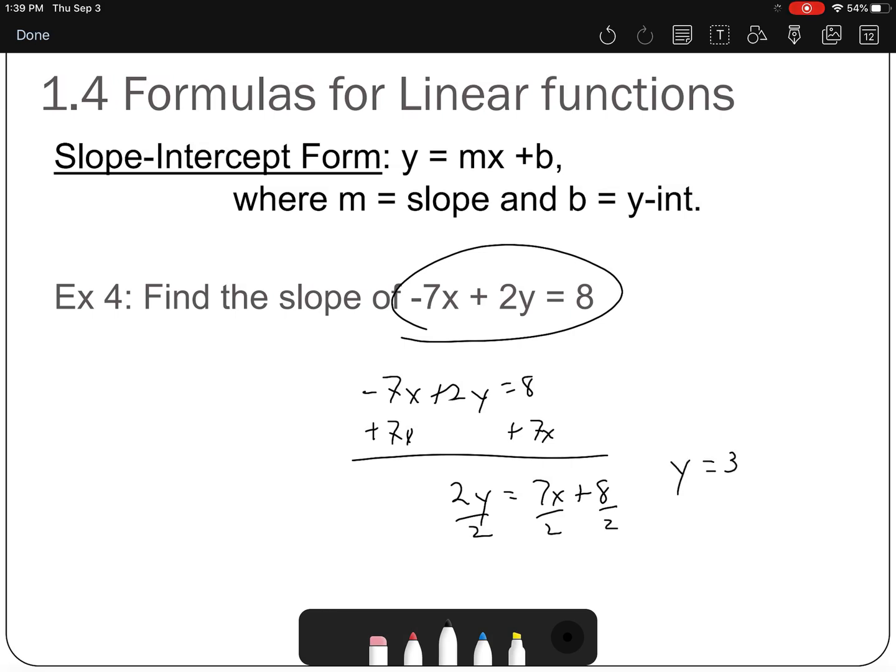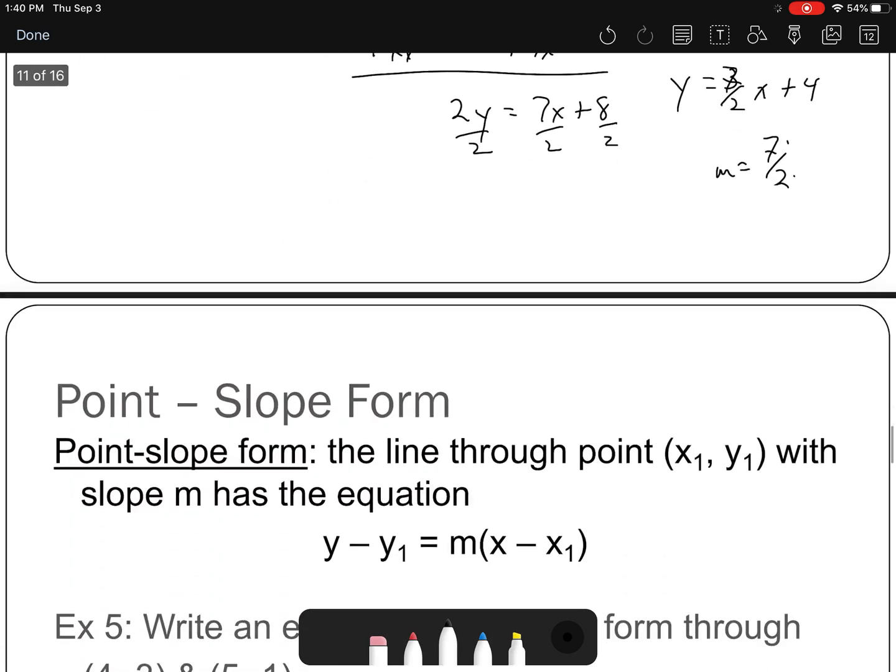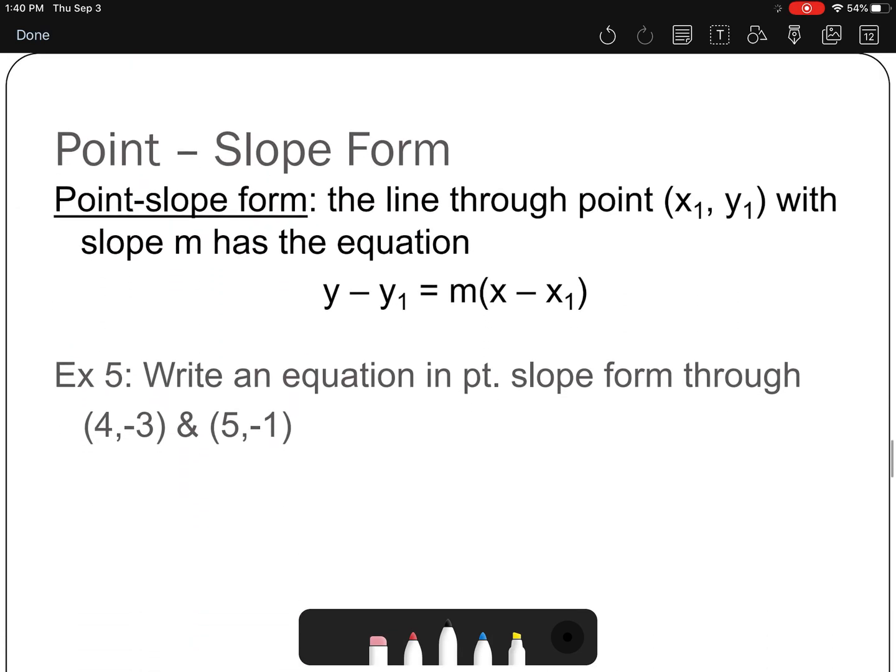We get 7x plus 8, divide by 2. So y equals 3.5x, I don't like that, 7 halves x plus 4. So what's the slope? 7 halves. Now why do we keep it that way? Because remember, it's rise over run. And if I was to graph this, I would go up 7 and right 2. So we want to try to keep that in fraction form always.